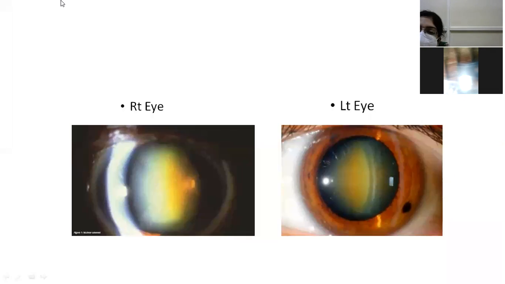Narendra, just wait, your voice is breaking. Can you repeat yourself? Next, after lens, the fundus position, posterior segment pathology.